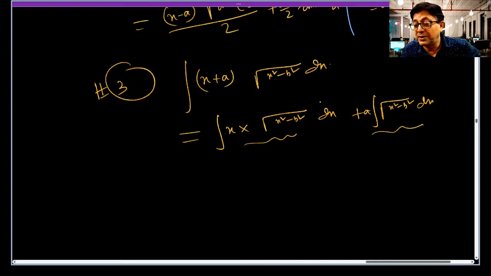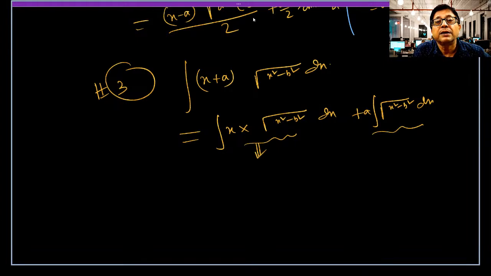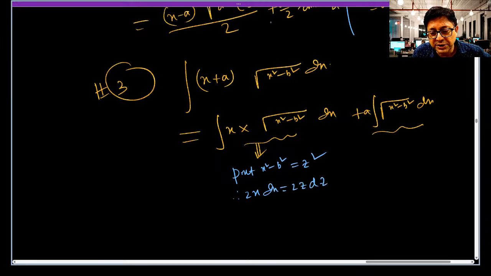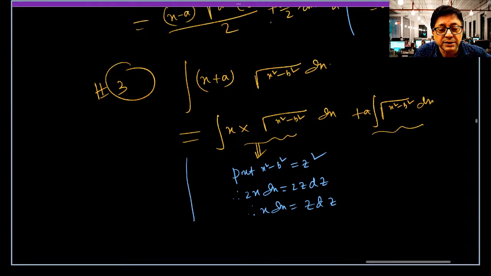This one we have just done, root over x square minus a square. Here you put two x dx equal to 2z dz. So x dx equal to z dz.